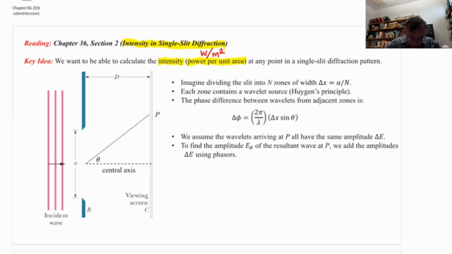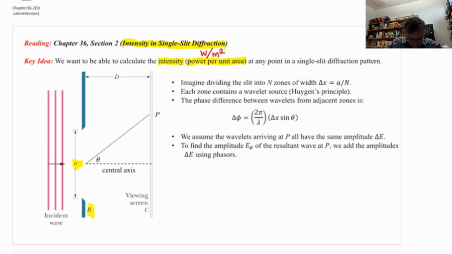Okay, the geometry is here, like we talked about already. First, we have a screen B with a long, narrow slit cut horizontally in it. And the width of the slit, which is the narrow part, is a. And the length is coming out of the screen, and it's considerably longer than a.